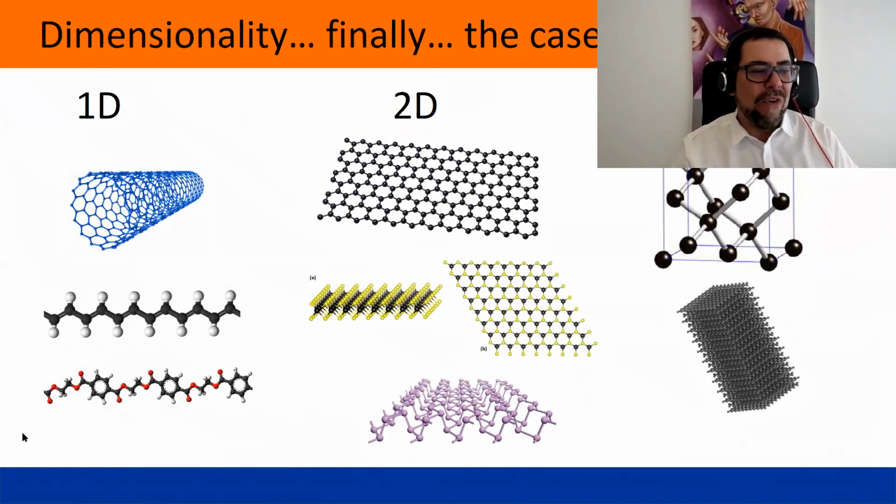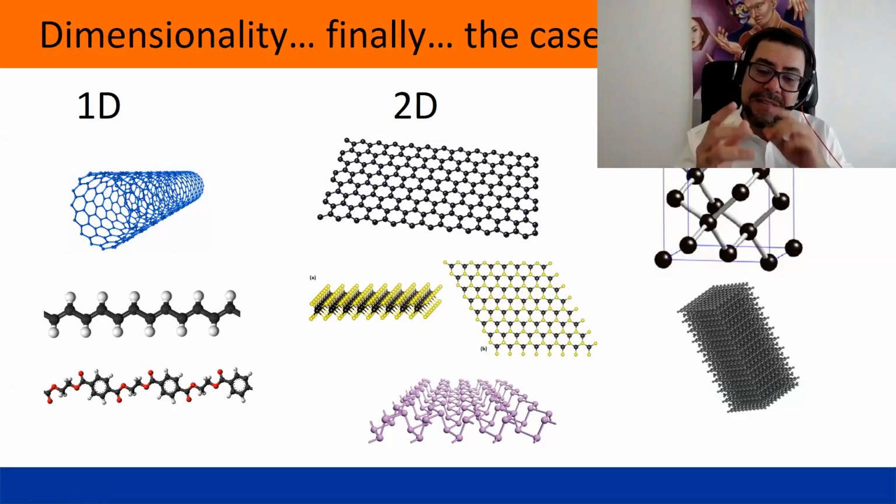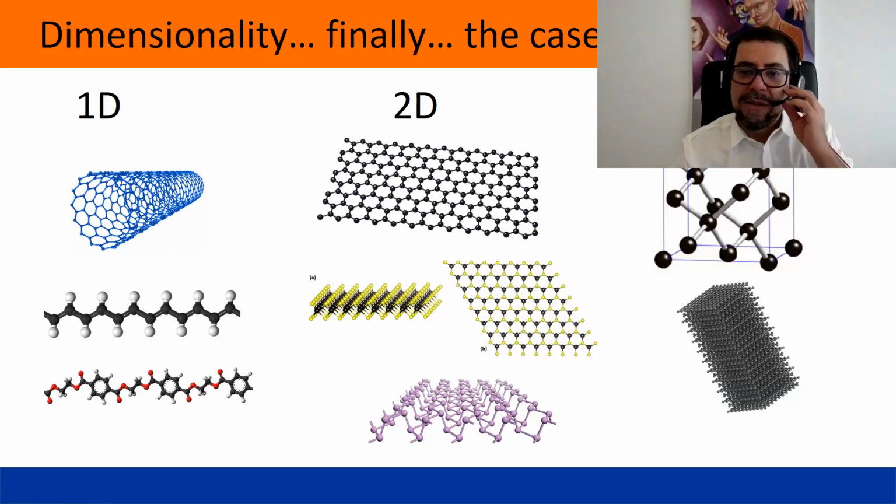And that's why, for instance, you can go from, say, a one-dimensional material like a carbon nanotube or a polymer molecule, or you can go to graphene, which is two-dimensional, or any other two-dimensional material. It has to do exactly with the way these wave functions organize themselves in space, and you can go from that to traditional three-dimensional materials.